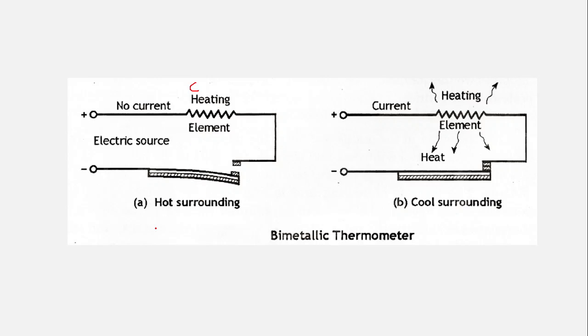Instead of bending upwards, as it does in this case, if it was the opposite way, it would go like this and cause the circuit to break. That's basically intuitive. You can just use your imagination or creativity to make different applications out of it.